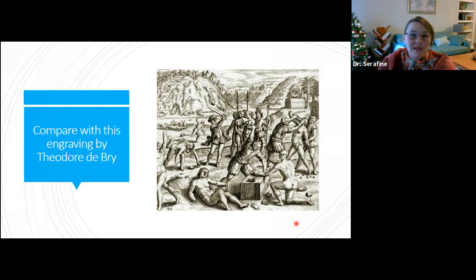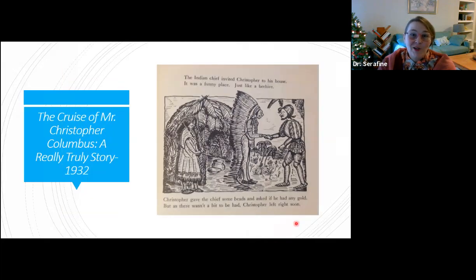These primary sources depict brutalities as people had their hands cut off, their bodies mutilated for failing to bring back sufficient amounts of gold.